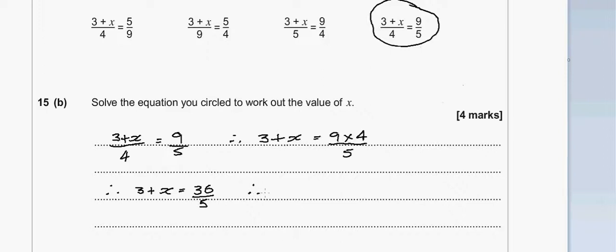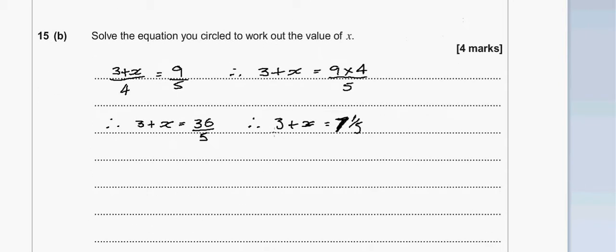So if I just make that a mixed number, so we get 3 plus x equals, now 5's into 36 goes 7 and 1/5. So we have 7 and 1/5. Now we want to know what x equals, so this number is going to come over.